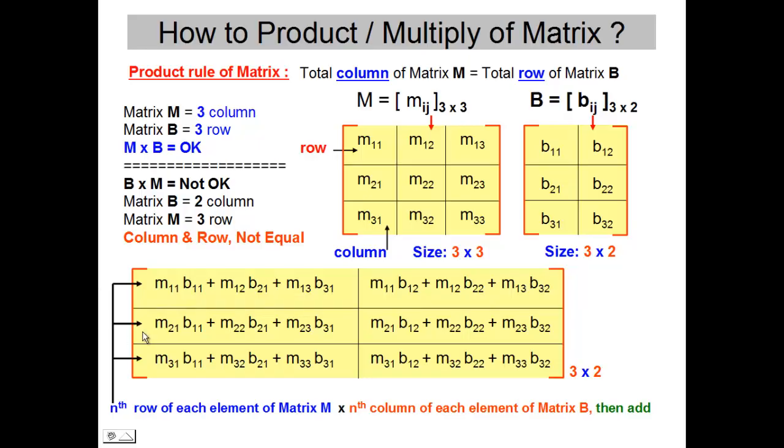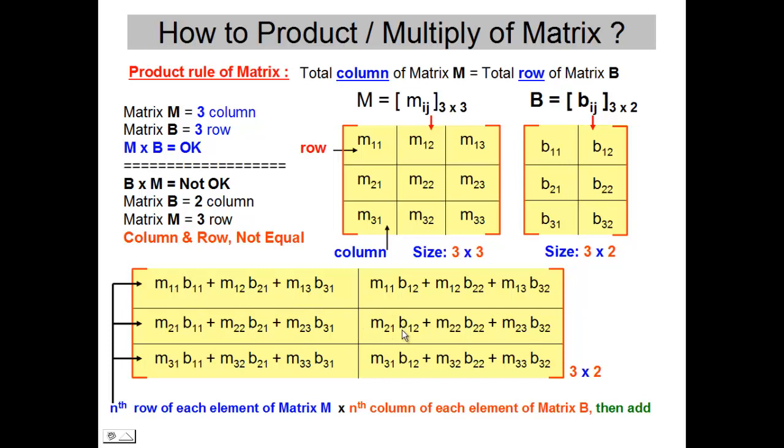Now next, the second row first element. So the second row first element is M21 B11 plus M22 B21 plus M23 B31. This is the second row first element.